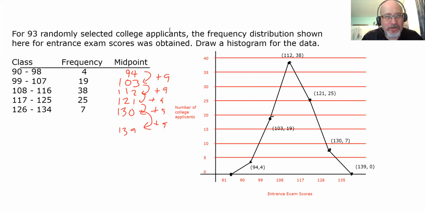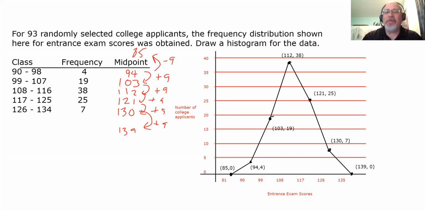And the first point, if we did the midpoint backwards, instead of adding 9, subtracting 9, 94 minus 9 is 85, which means that first point is at 85, 0. And that's how you can locate the midpoints.